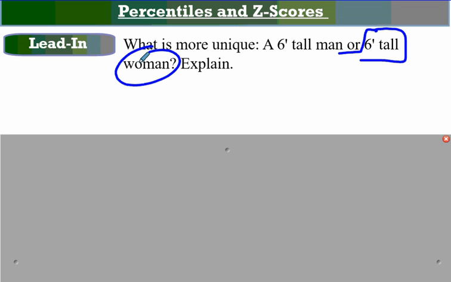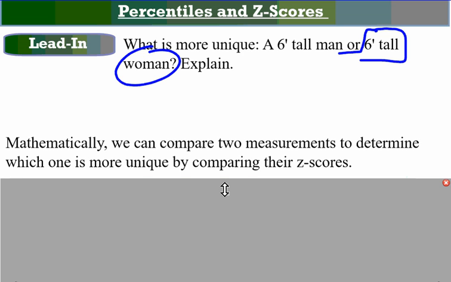In order to find what we call a Z-score, we want to find how far away a value is from its average. And by how far away, we mean how many standard deviations away you are from your average. So mathematically, you compare two measurements to determine which one is more unique by comparing their Z-scores. What we're simply doing is finding difference.